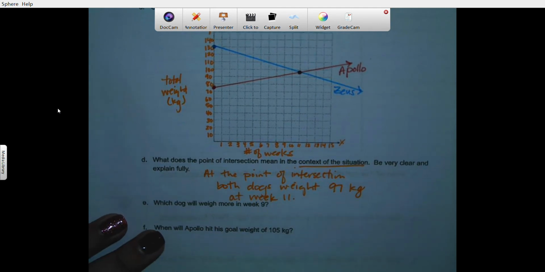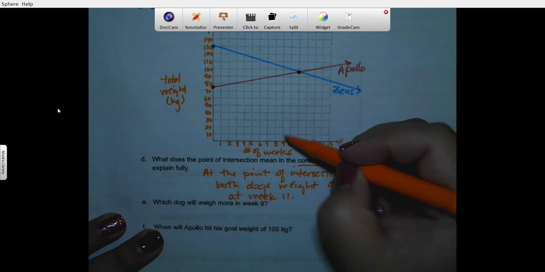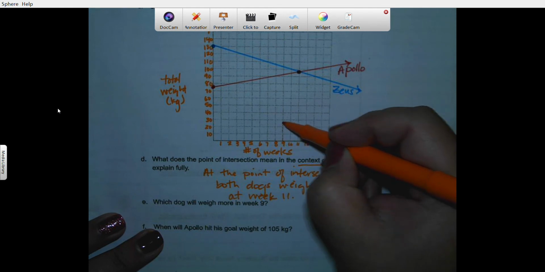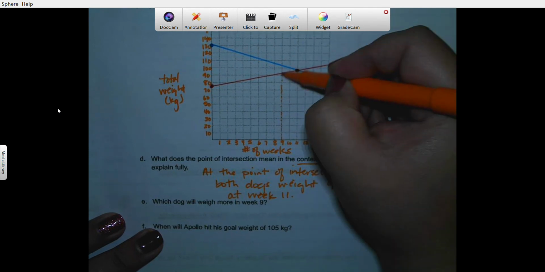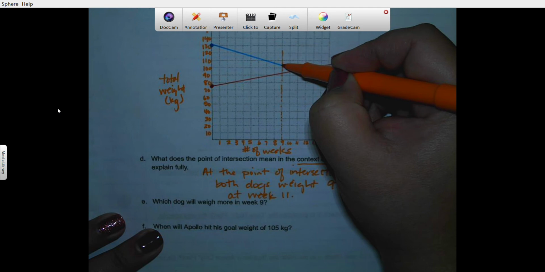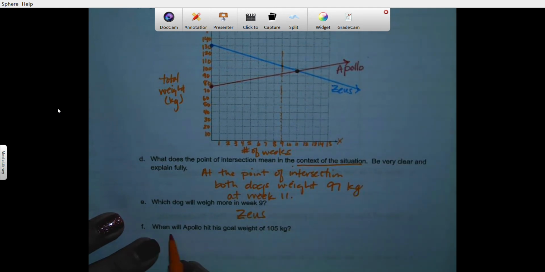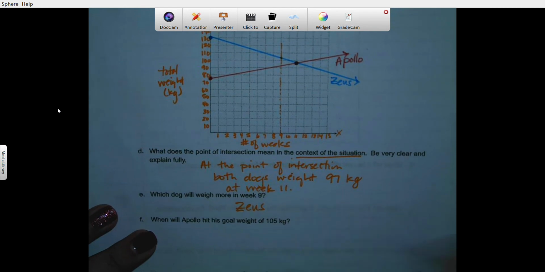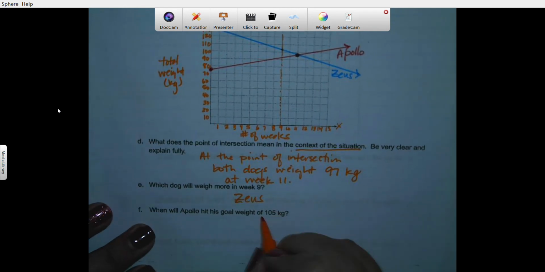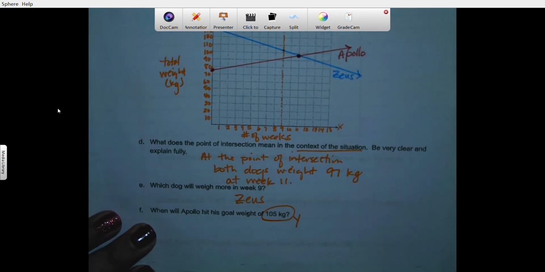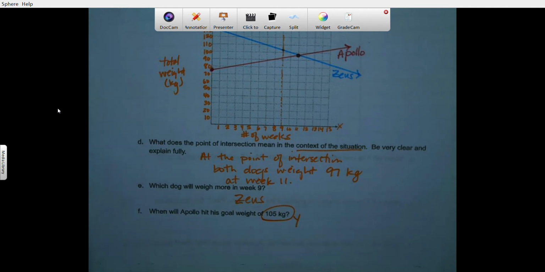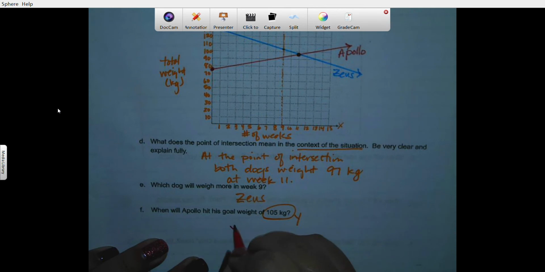Which dog weighs more in week 9? I follow week 9 up here, and weighs more, Zeus. And when will Apollo hit his goal weight? His goal weight is actually your y value. So I'm going to write Apollo's equation. Apollo's in red, so I'm going back to red. y equals 2x plus 75.